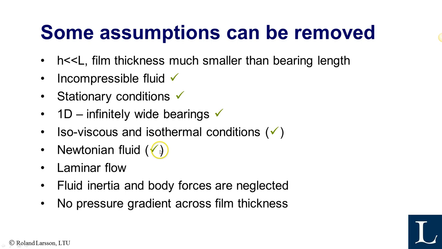That's the same also for the non-Newtonian case. Turbulence can be treated also, fluid inertia as well, but these are very much special cases. This case cannot really be treated by the Reynolds equation and shouldn't. Then you really need to use the Navier-Stokes equations if you really require that, but that's pretty seldom you do.